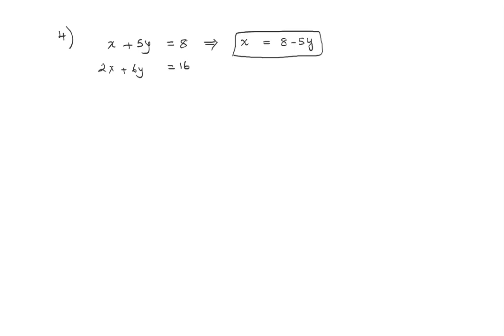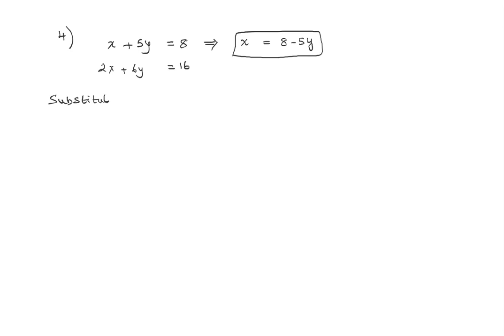Next, number 4. Again, solve the system by using the substitution method. From the first equation, get the x by itself. So x is going to be 8 minus 5y. So we're going to substitute this x into the second equation.